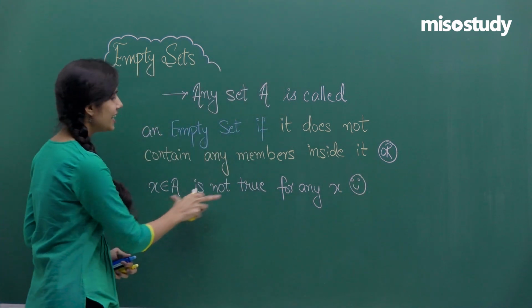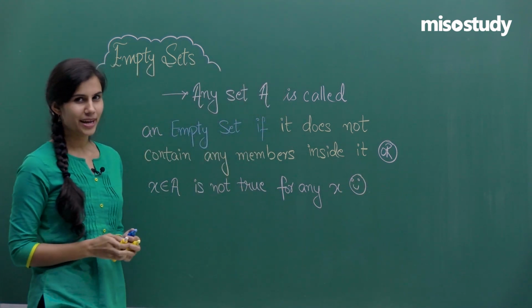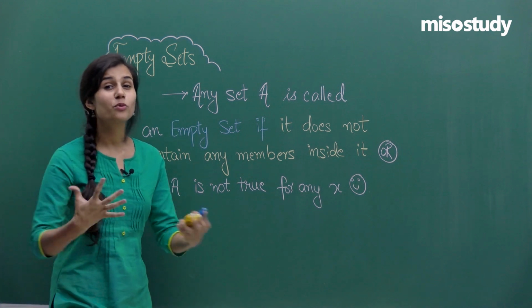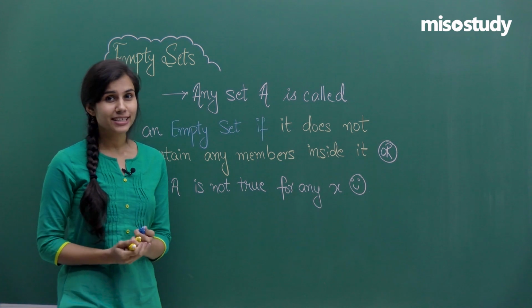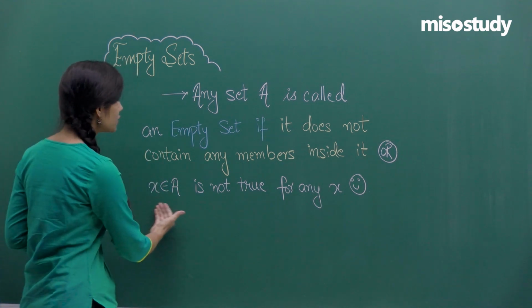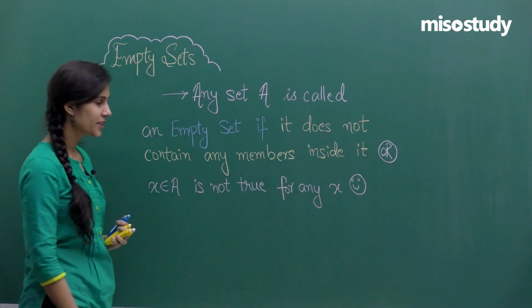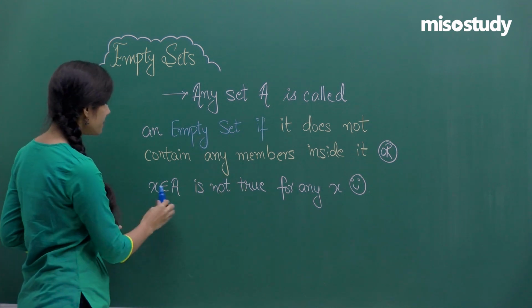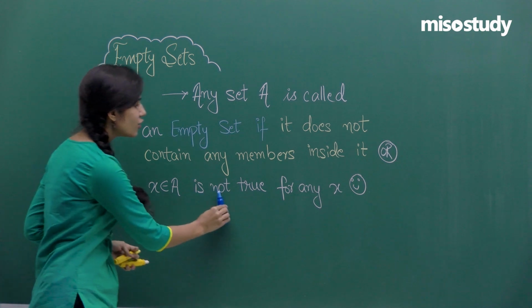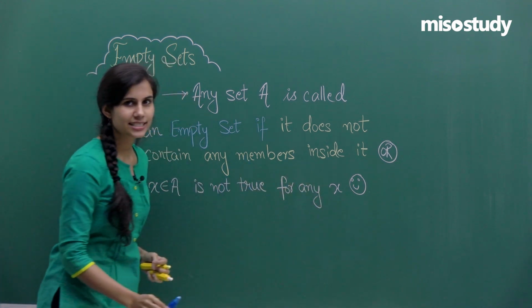This is what I like the most about mathematics. It has its own way of expressing itself. There is a language of mathematics which it has, and this is what is here before you. What does this statement mean? It says that x belongs to A is not true for any x.